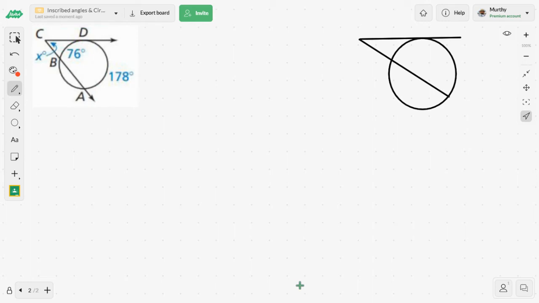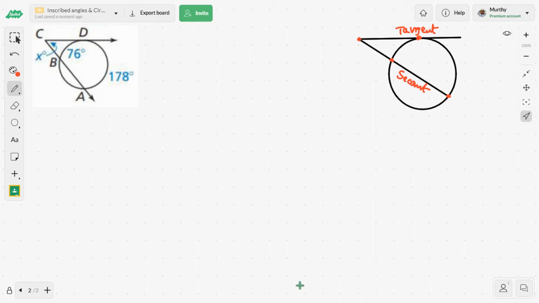The condition says that this is the tangent. What does tangent mean? A line that touches a circle at one point. And the next one is the secant. What does secant mean? A line that intersects the circle at two points.